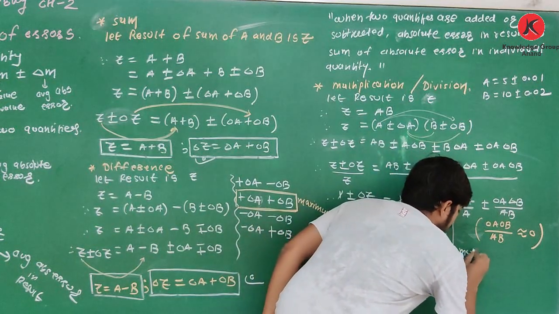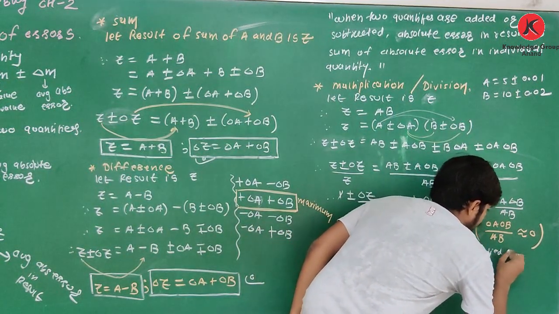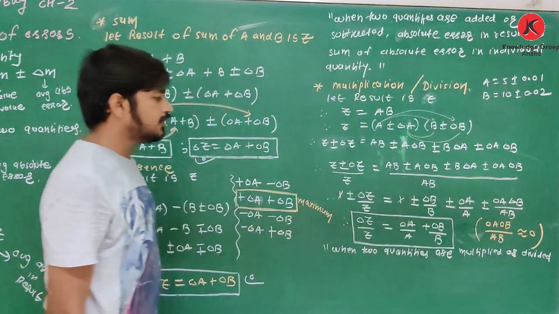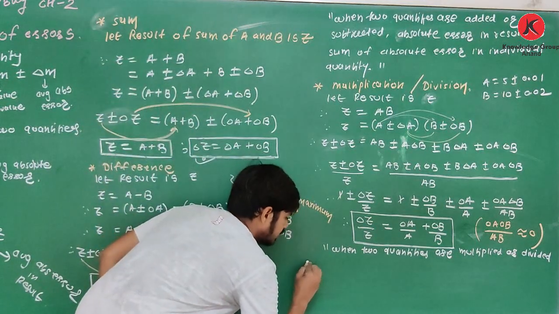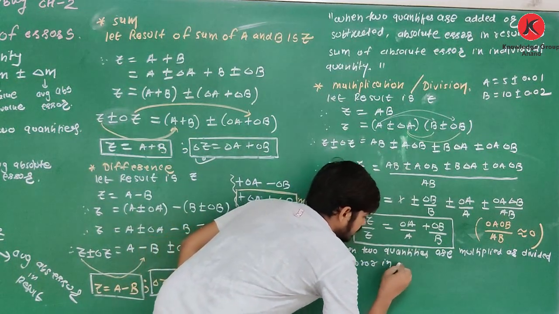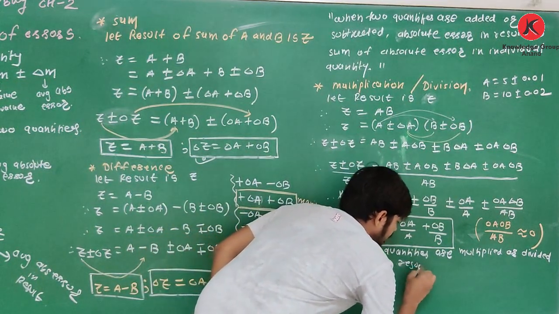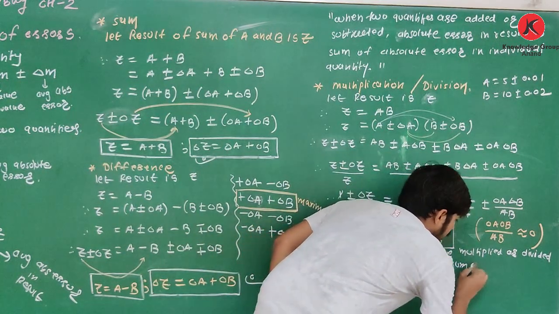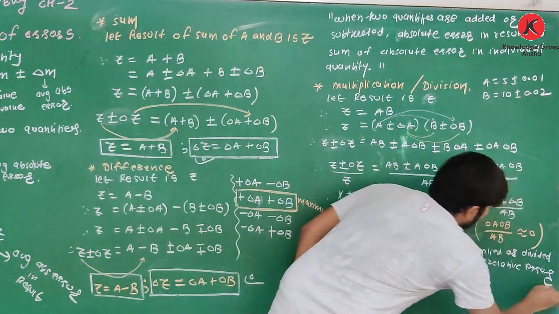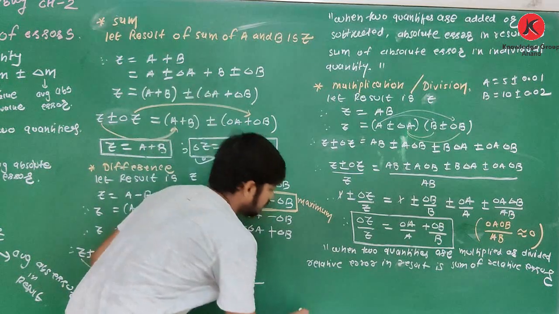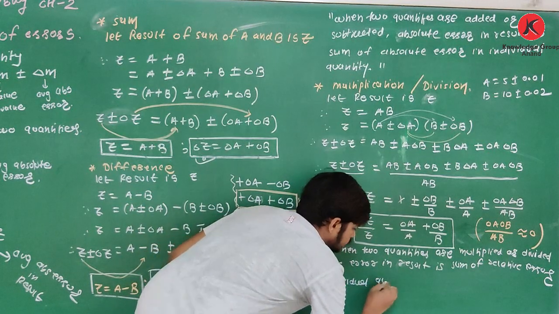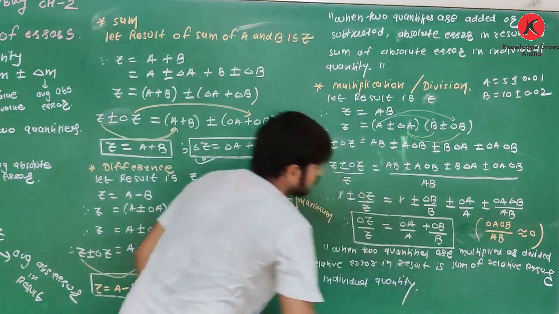When two quantities are multiplied or divided, relative error in the result is the sum of relative errors in the individual quantities.